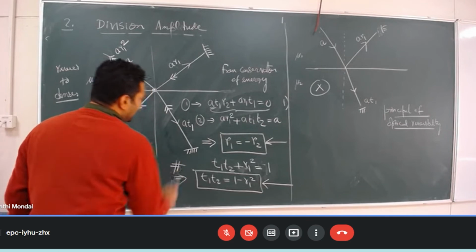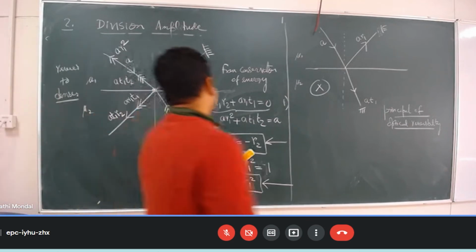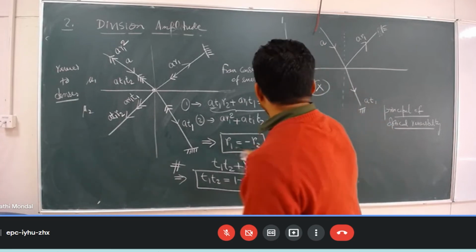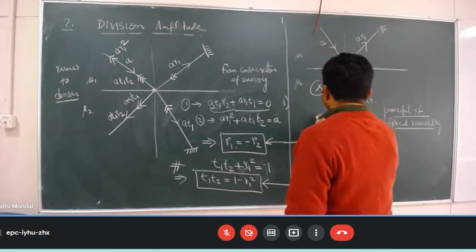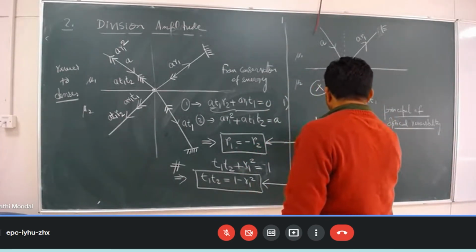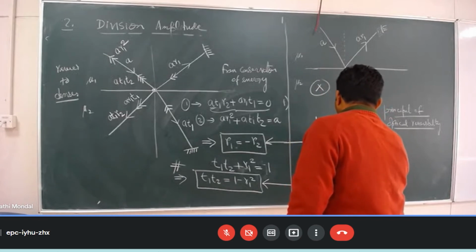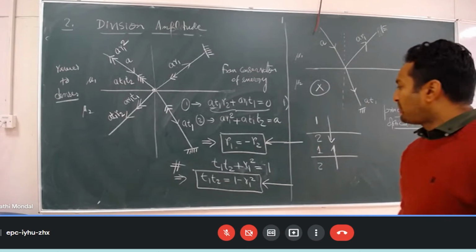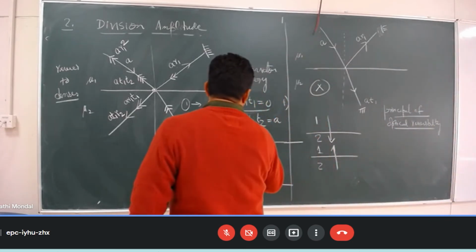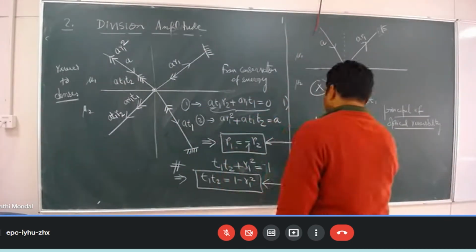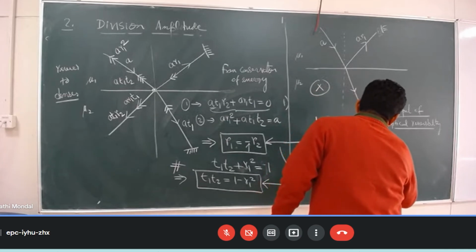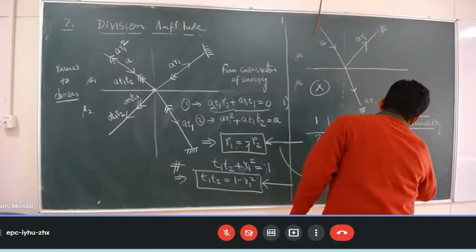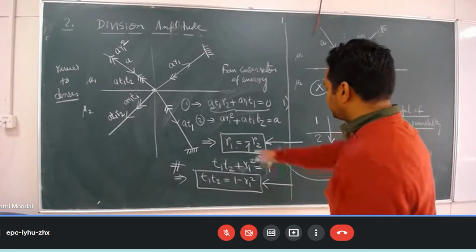But if I see this carefully, the reflection coefficient from 1 to 2 and the reflection coefficient from 2 to 1 are actually opposite. This means they are out of phase. Negative means out of phase, okay?